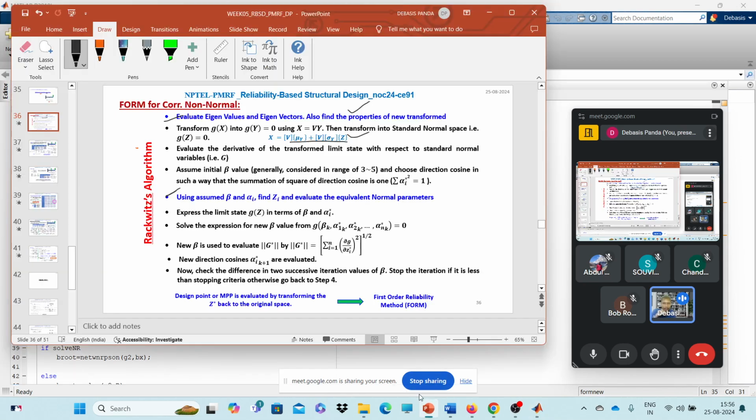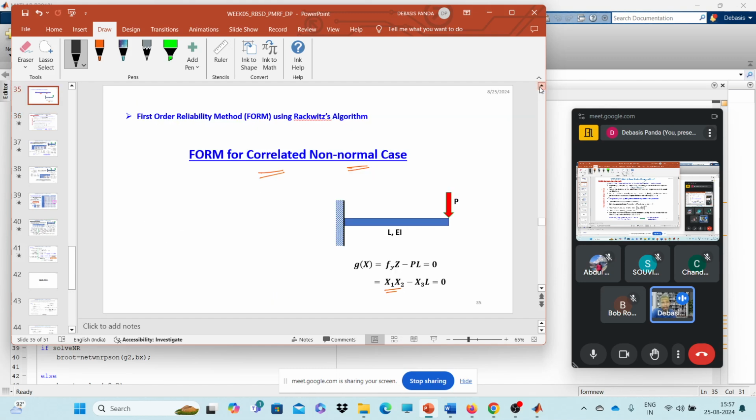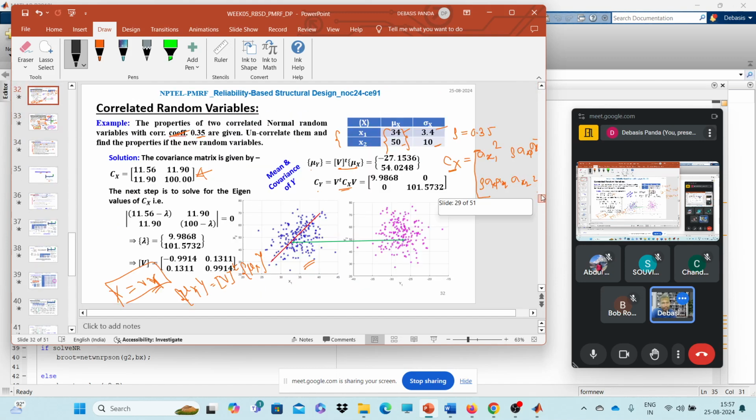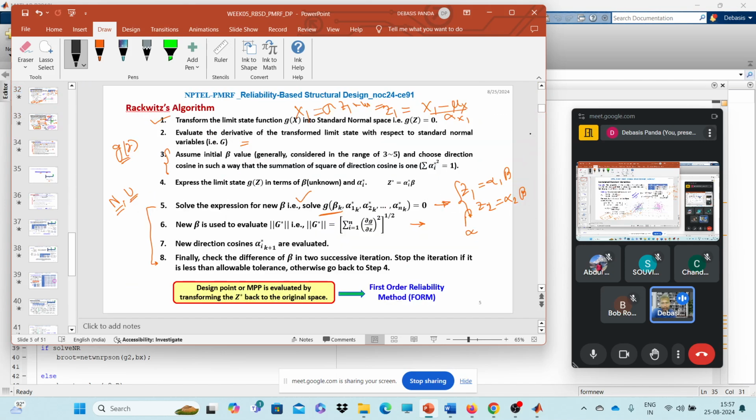We have already calculated these things, like alpha i equals the Euclidean norm. First thing we will get at the very beginning.